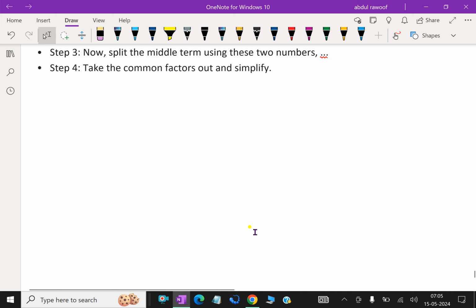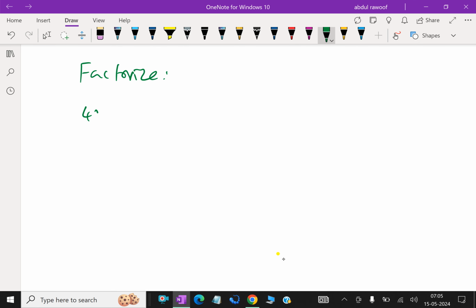Now let us do some examples to understand this concept. Factorize and solve 4x squared plus 7x.